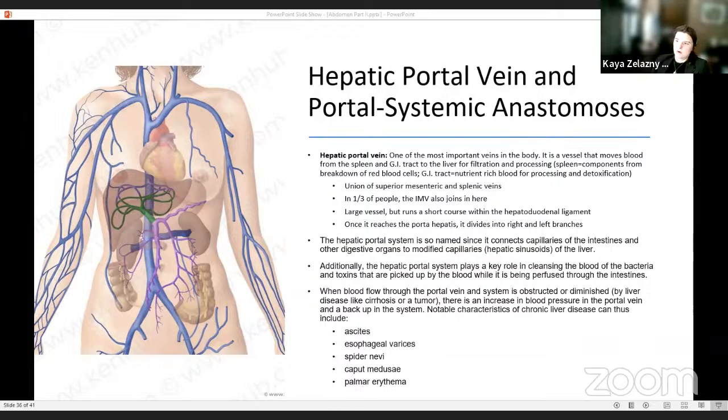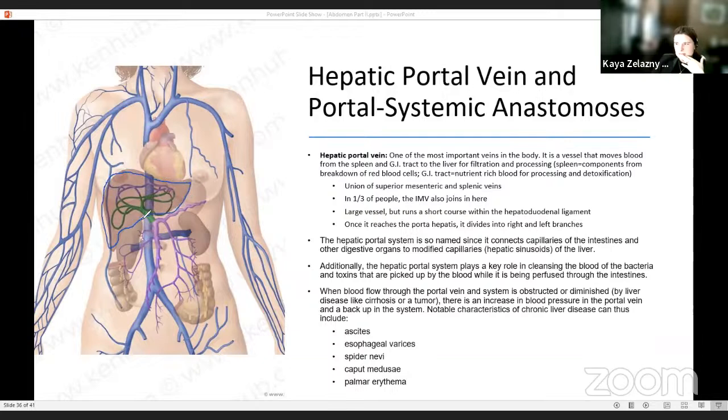Okay, so when you're really going to pay attention to the portal system is when there's something going wrong with it. So blood can basically get backed up into the portal system, especially when you have liver diseases, right? So imagine you have a disease of the liver, like cirrhosis or a tumor, right?